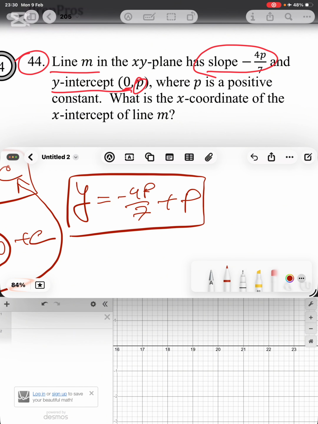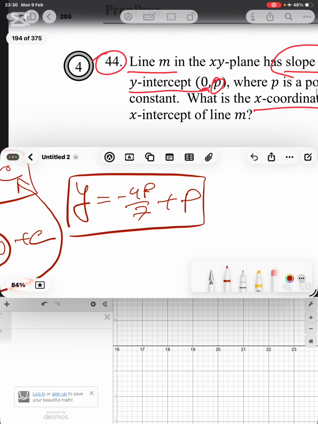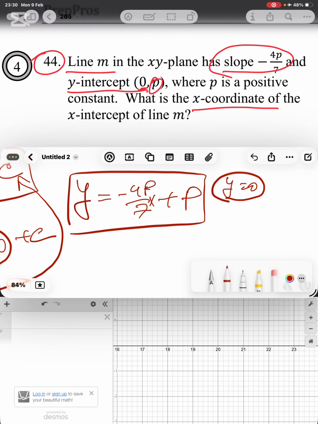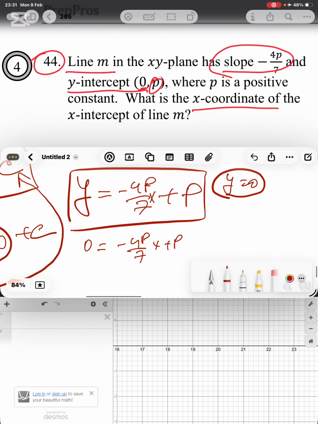So it says, what's the x coordinate of the x-intercept of the line? For the x-intercept of a line, don't forget that you have to just simply insert 0 as the value of y. So now let's insert 0 here. Minus 4p divided by 7x plus p should be written.